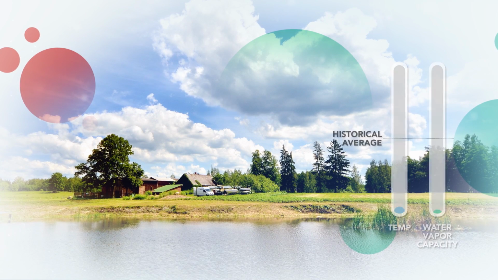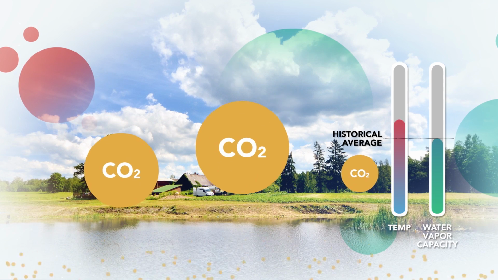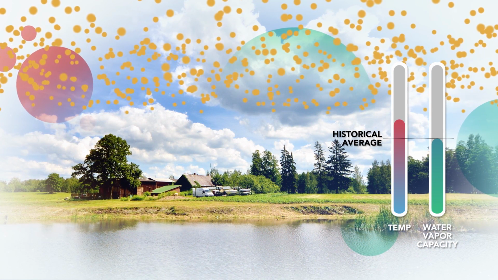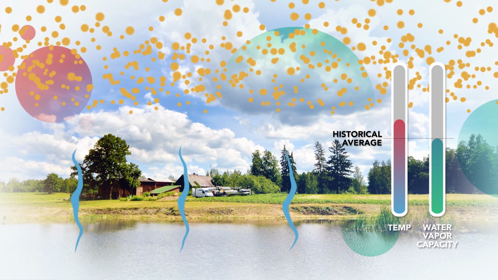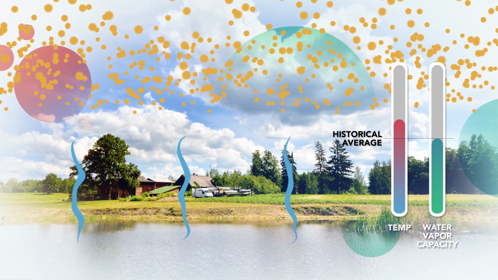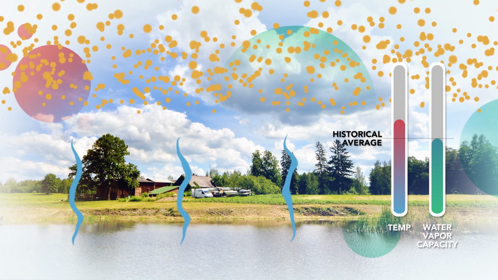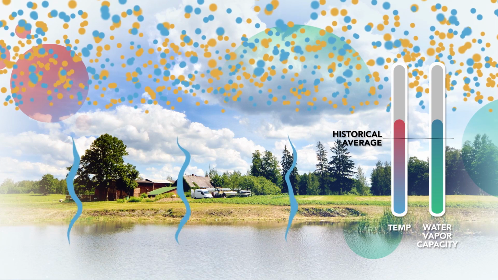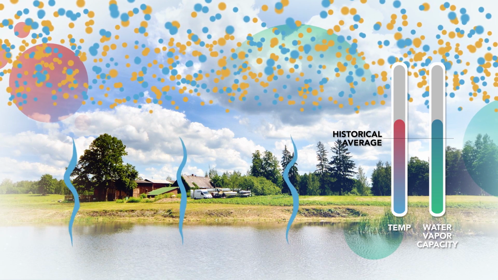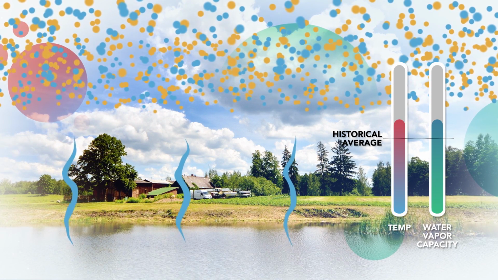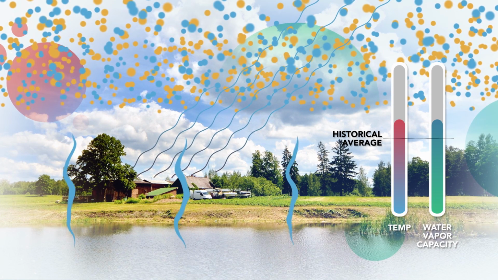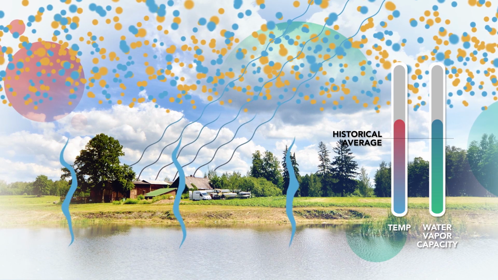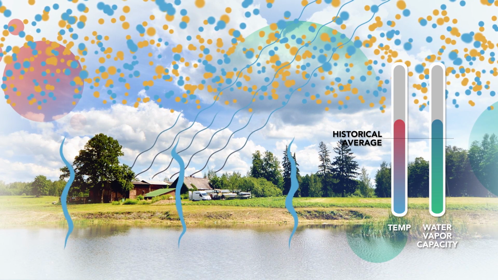We begin with increased temperature due to the addition of carbon dioxide to the atmosphere, as we've already discussed. In this warmer world, we have more evaporation from the oceans, rivers, and lakes. In addition, the warmer air is able to hold more water vapor. Water vapor is also a greenhouse gas, so more water vapor in the air means less outgoing radiation is able to escape to space, and an even larger imbalance in our global energy budget.